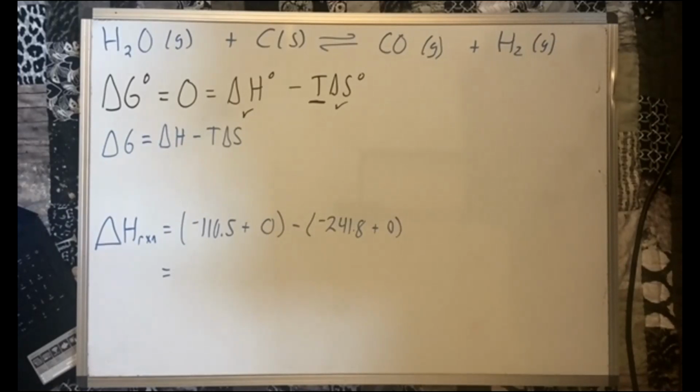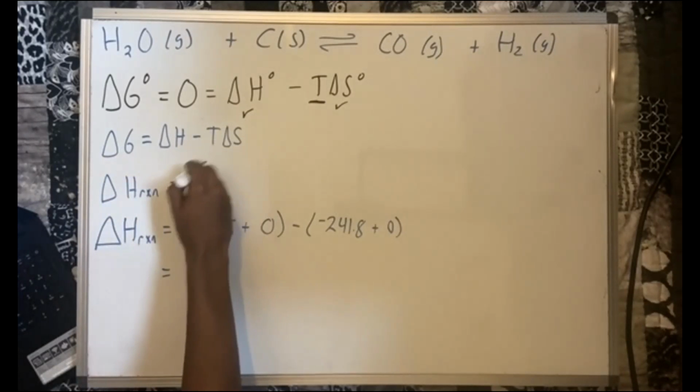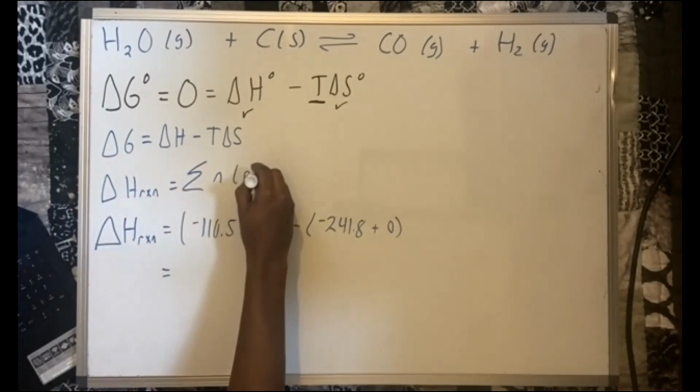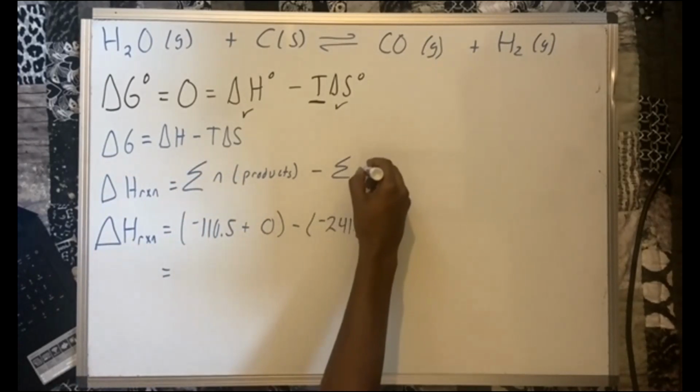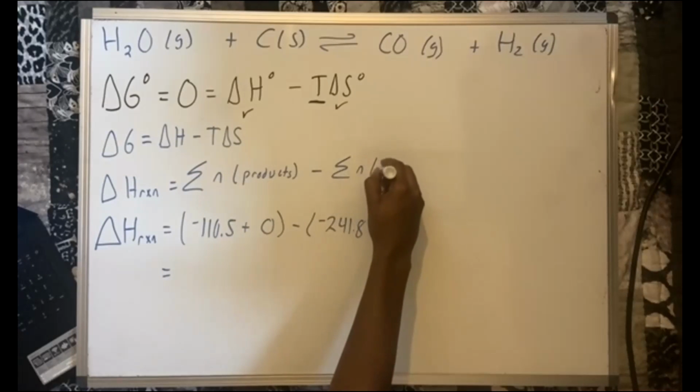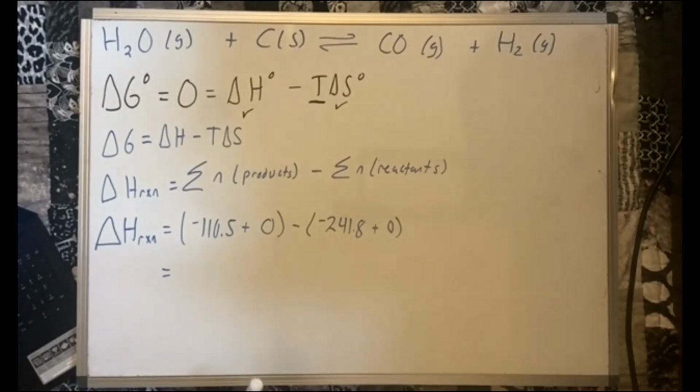Someone correct me if I'm wrong, but I think you get delta H reaction equals the sum of n times the products minus the sum of n times the reactants. I think, hold on, it might be on Canvas. Okay. Awesome.